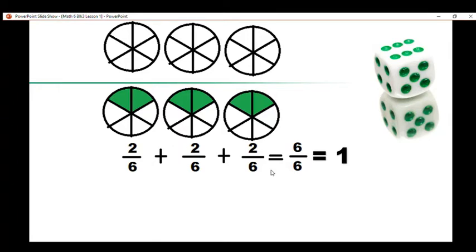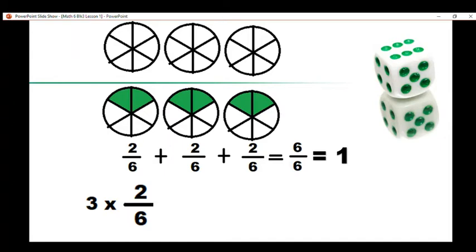Okay, now in an easier way. How many cakes do we have? Okay, very good, that's 3. We need to multiply it by the part of the cake that will be given to Sarah, that is 2/6.